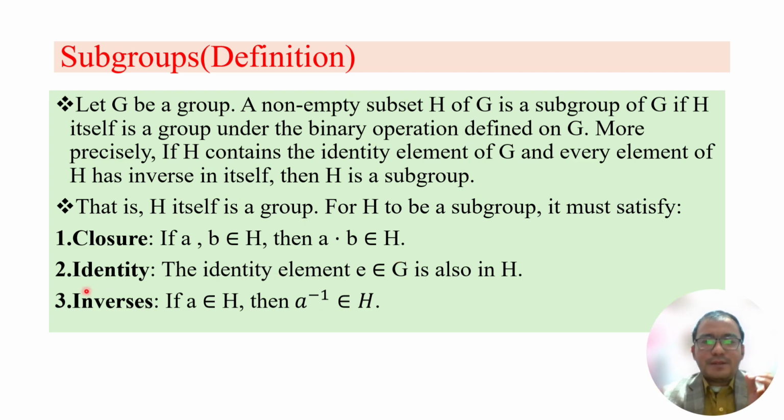Next, identity: the identity element e that belongs to G should also be in H. Likewise, inverses: if a belongs to H, then the inverse of a must belong to H. These are the properties of a group. Okay, let's go to the next.